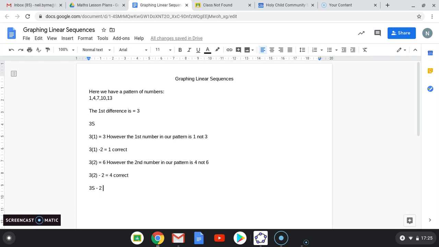But how do we graph this? Well, it's actually quite easy, okay? Think of it like this.